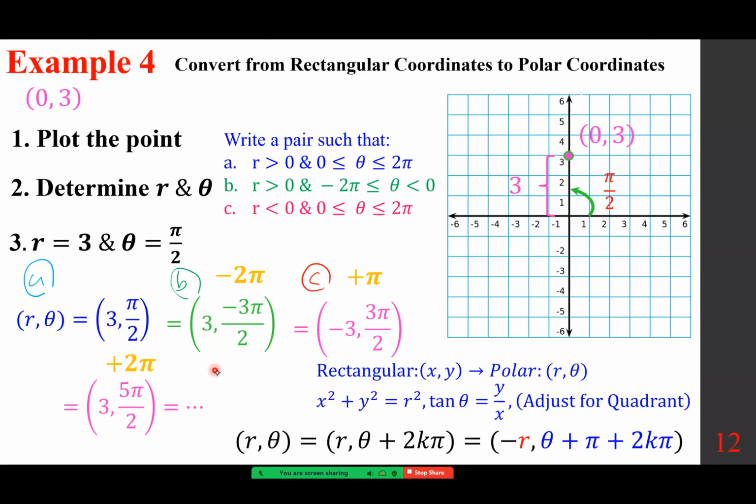There are infinitely many different ways to represent this pair. That's what I'm trying to tell everybody. But we did answer the 3 parts they asked us.